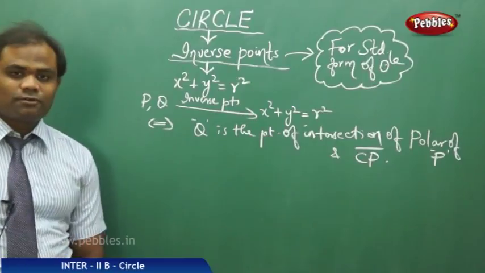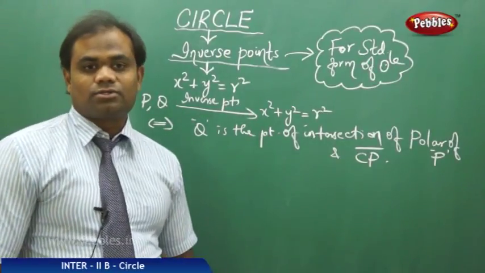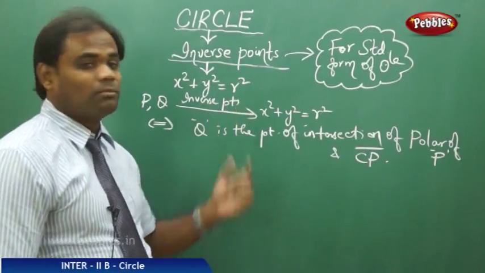So the point of intersection of CP and the polar of P will give us the two points to be inverse points for the standard form of circle.